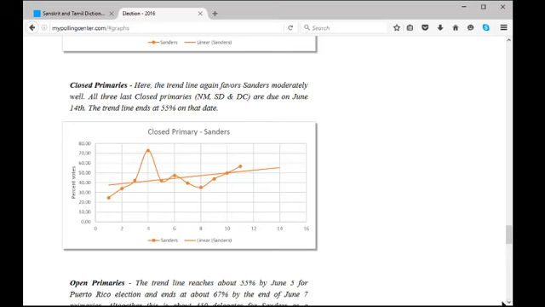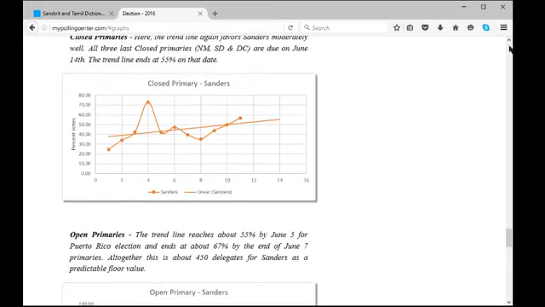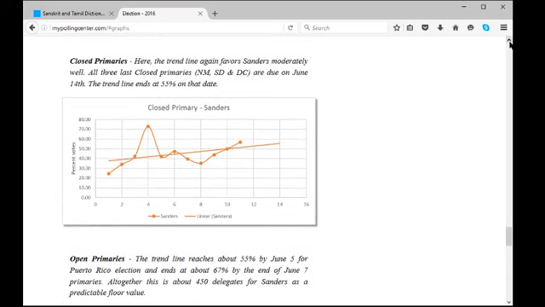So now look at the primaries. Primaries are these secret ballot elections. You come vote and go home. So we have had how many? 1, 2, 3, 4, 5, 6, 7, 8, 9, 10, 11 elections so far, and 3 coming up.